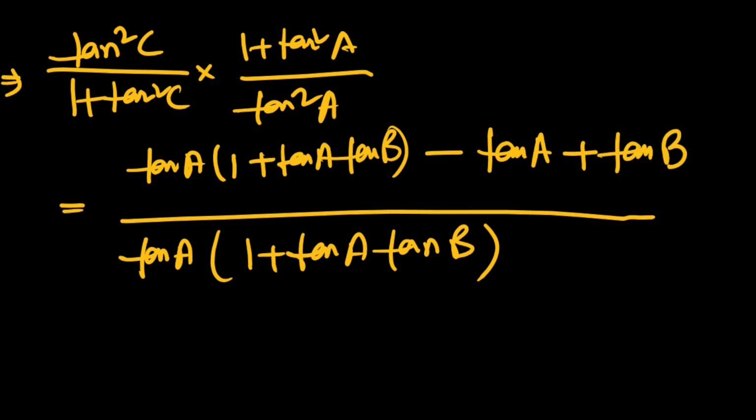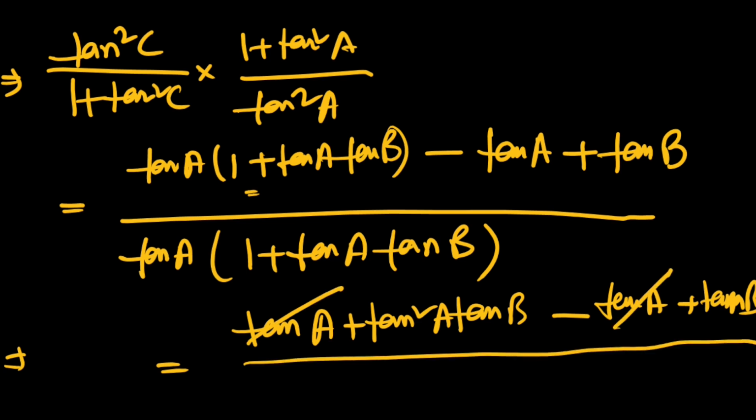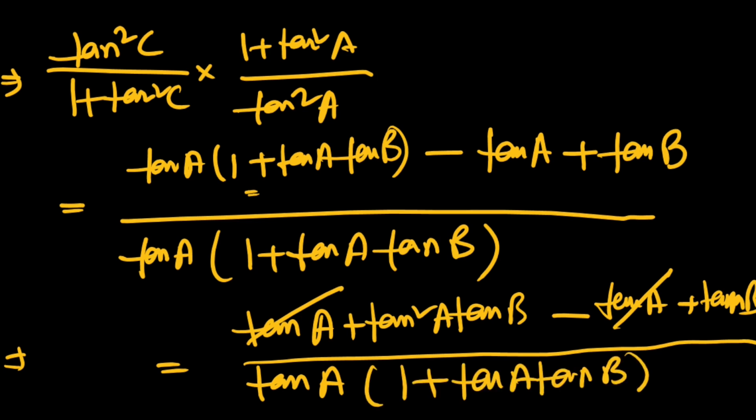Therefore the left hand side is the same, so we write it as tan a. We break this term: tan a plus tan square a tan b minus tan a plus tan b. The tan a terms cancel, so that is tan a (1 plus tan a tan b).